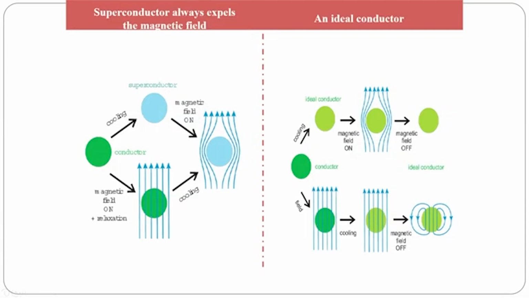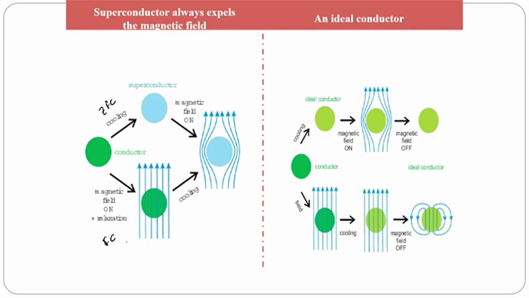How can you distinguish between a perfect conductor, an ideal conductor, and a superconductor? On the left we see an experiment for a superconductor. This is called ZFC, which is zero field cooled, and this is called field cooled, FC. If you take a superconductor and simply cool it, it becomes a superconductor, then you put a magnetic field, it gets expelled.